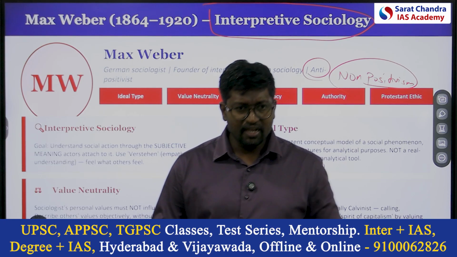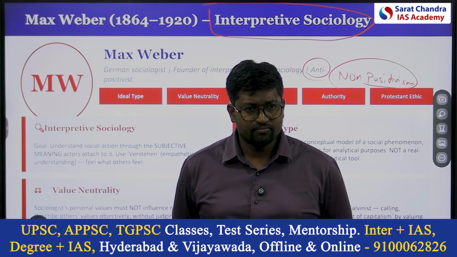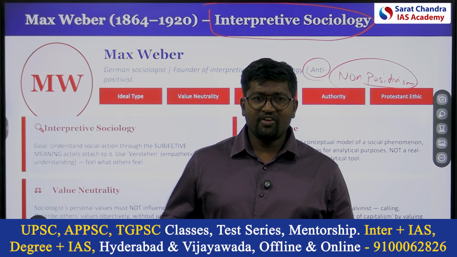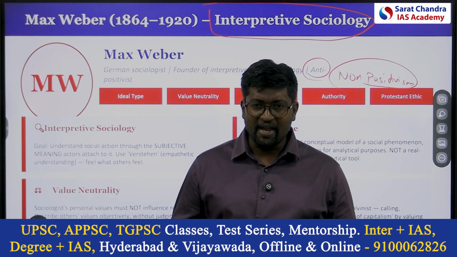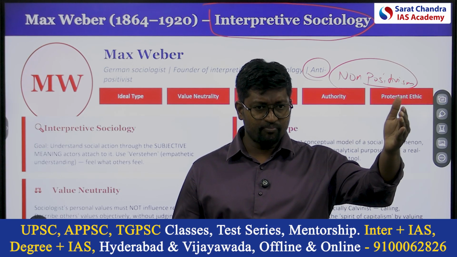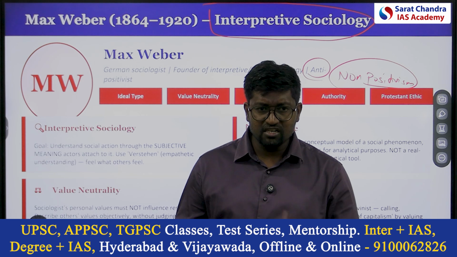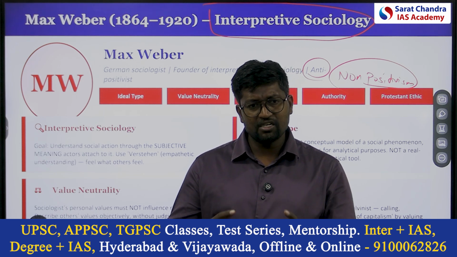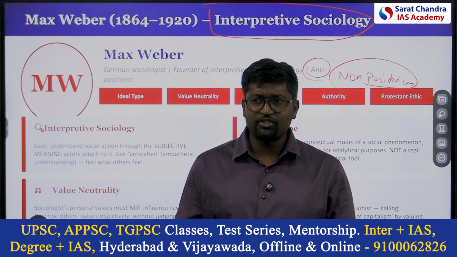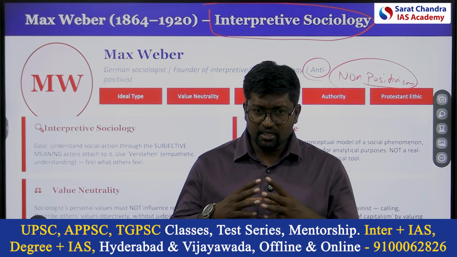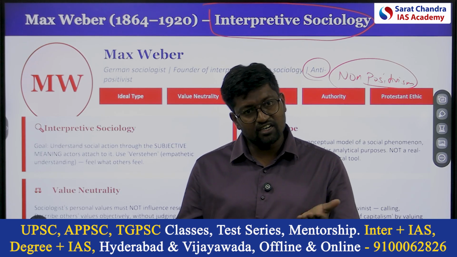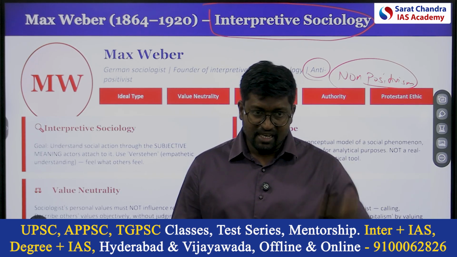Now, an individual husband in a family might be a dominating husband, he might be a less dominating husband, he might be a husband who gives equal opportunities or emphasizes equality between husband and wife. There is a pattern.